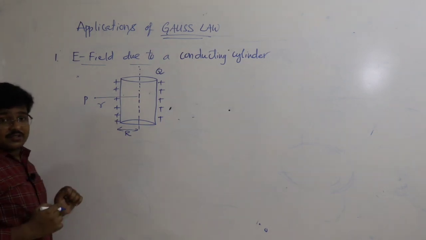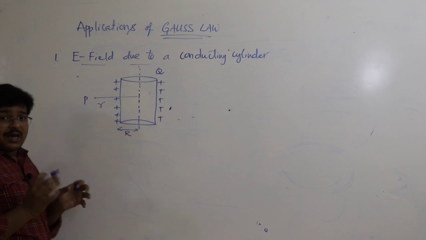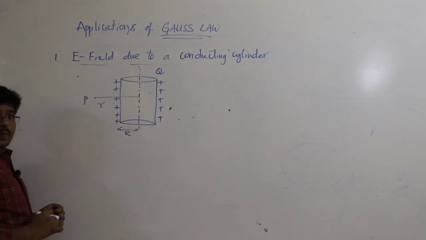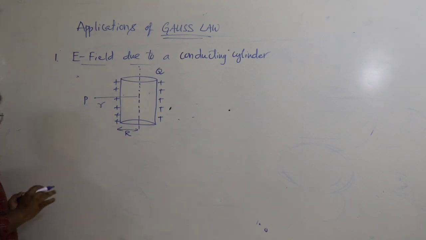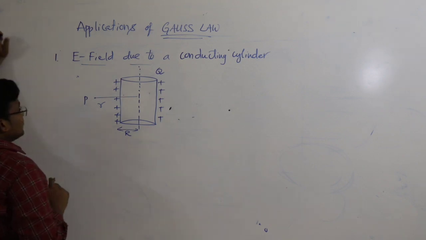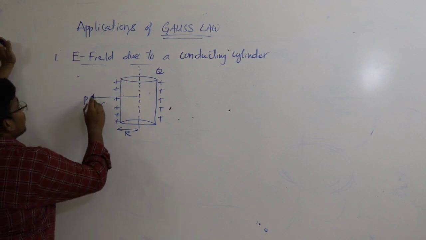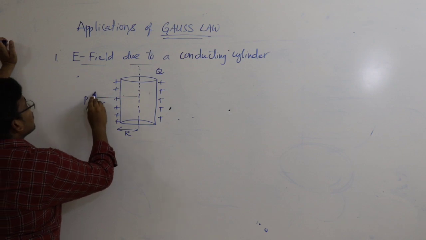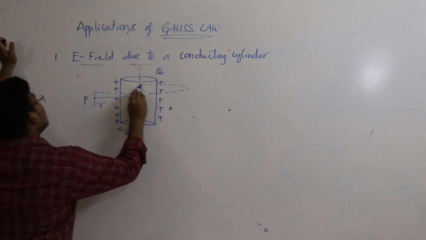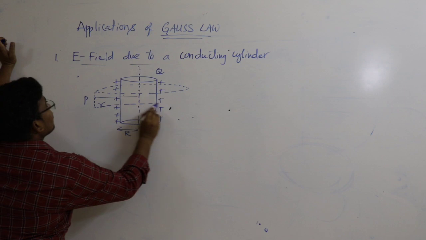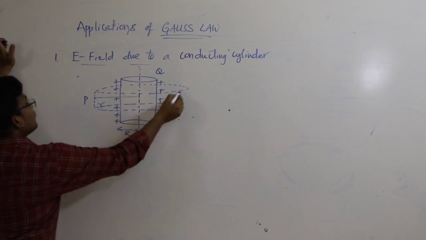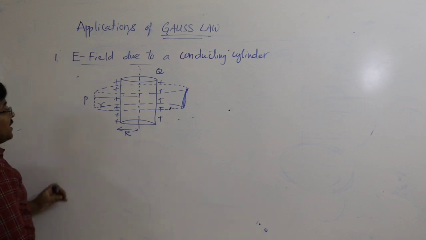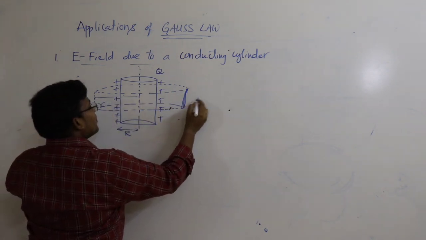Firstly, consider a Gaussian surface which must be closed and which must enclose the charge. So due to the symmetry, I am taking a Gaussian surface like this, again a cylinder, but this length I am taking as some x.